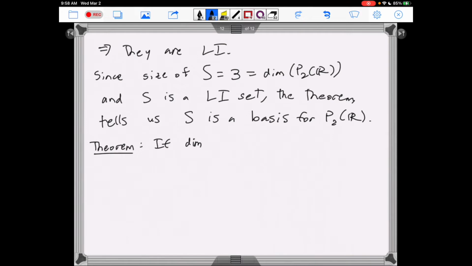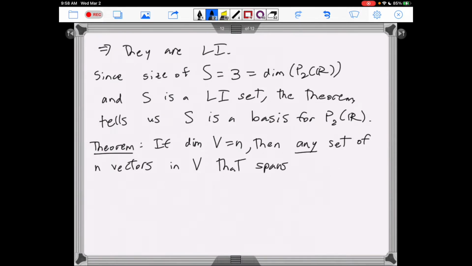Theorem: if the dimension of V is equal to n, then any set of n vectors in V that spans V is a basis for V. So once you have the number of vectors in a set equal to the dimension of the vector space, then if it spans, it must be linearly independent also, or if you know it's linearly independent, it must span also.